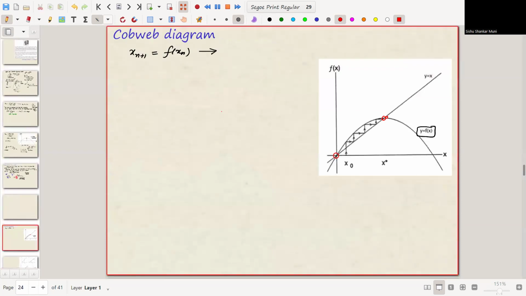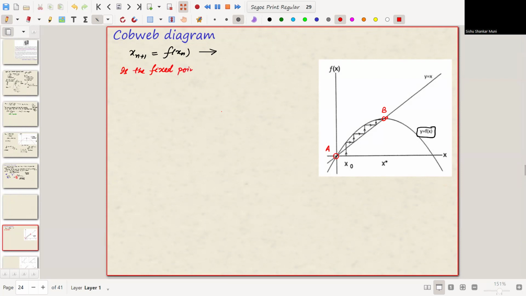Let us call them A and B. Our aim is to analyze whether the fixed point B is stable.